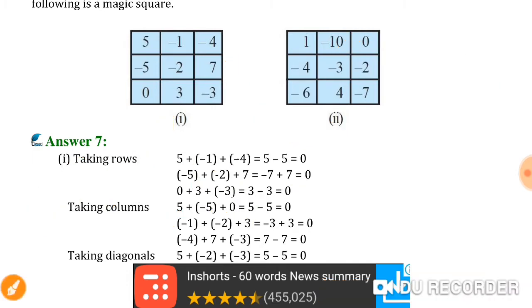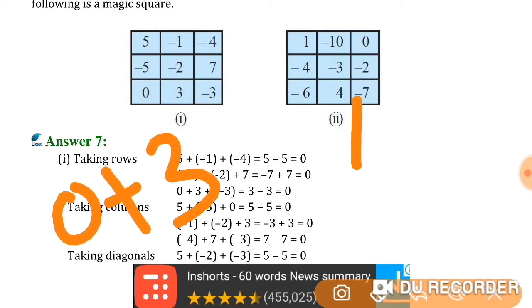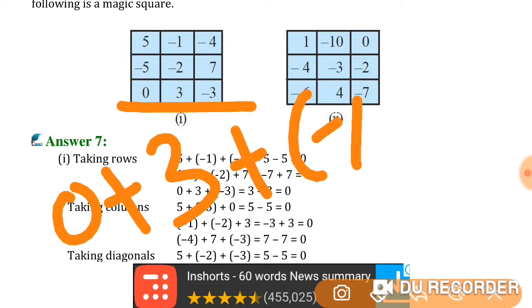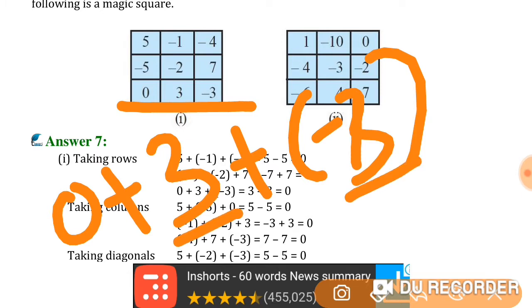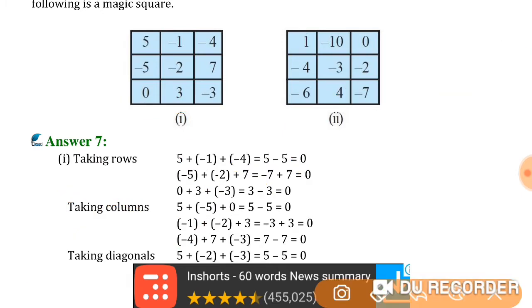So that is your 0 answer. Again go for the next row, 0 plus 3 plus of minus 3. So plus 3 minus 3 becomes 0 only. So 0 plus 0 is 0. Here is your 0 answer.